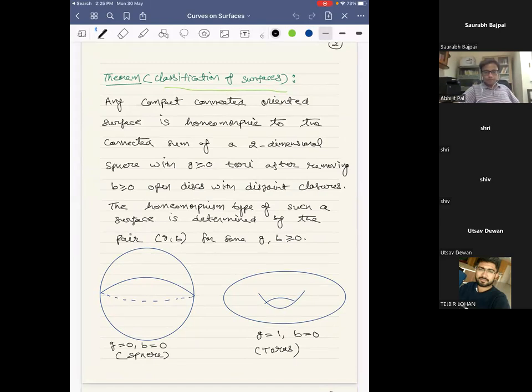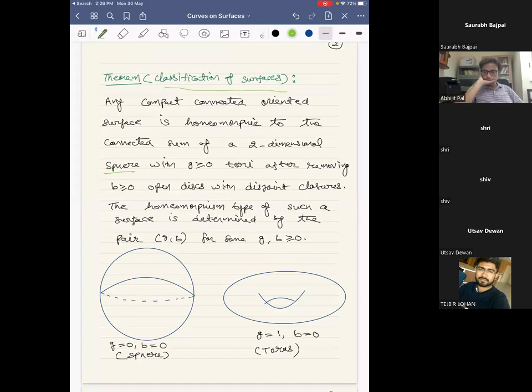So let us begin with what we work on. For this, we need the classification theorem for surfaces. So here is the statement. It says any compact connected oriented surface is homeomorphic to the connected sum of a two-dimensional sphere with G tori after removing B open disks with disjoint closures.